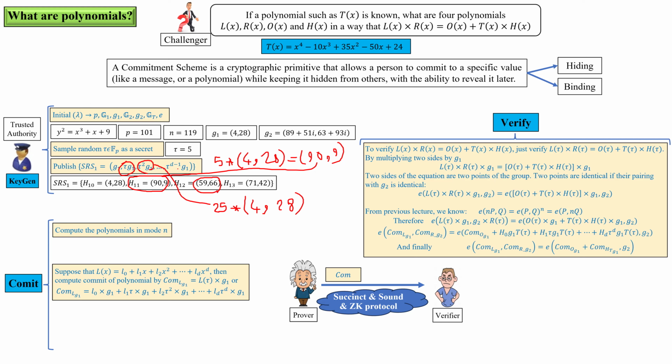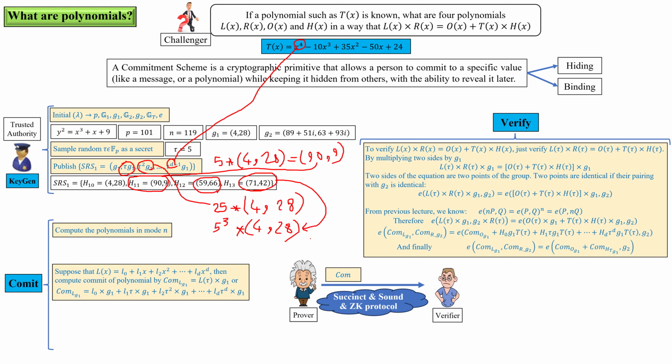And then compute the value of tau to the power of d minus 1, where d equals the degree of the polynomial c of x, which is 4. So d minus 1 equals 3. So 5 to the power of 3 multiplied by 4 and 28 equals 71 and 42, right? Using the website, you can check that this computation is correct.